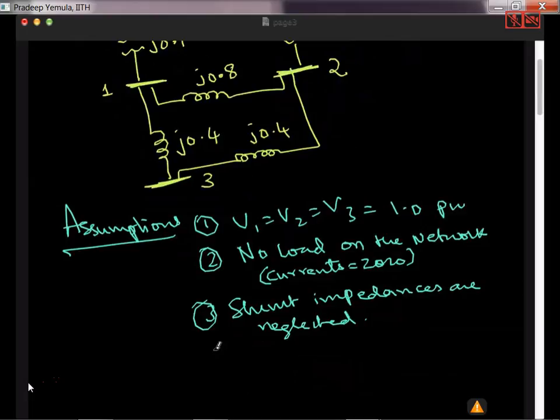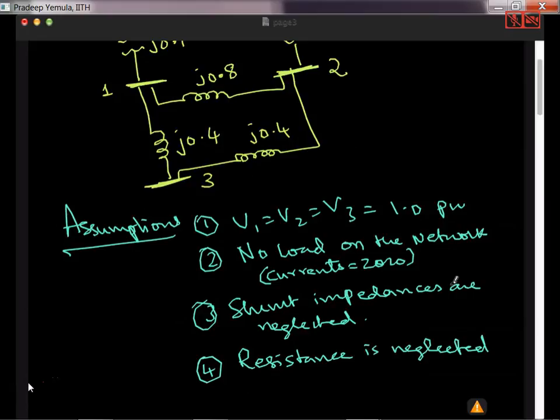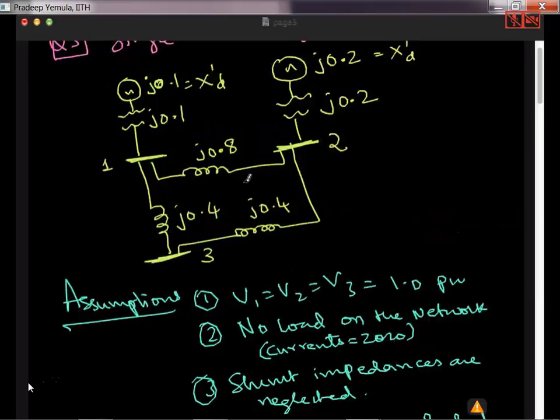Another simplifying assumption is resistance is neglected. If there is some resistance in this circuit, in order to maintain the voltage levels, some current will flow, there will be some power loss, and all these things we are neglecting right now. So these are the assumptions.